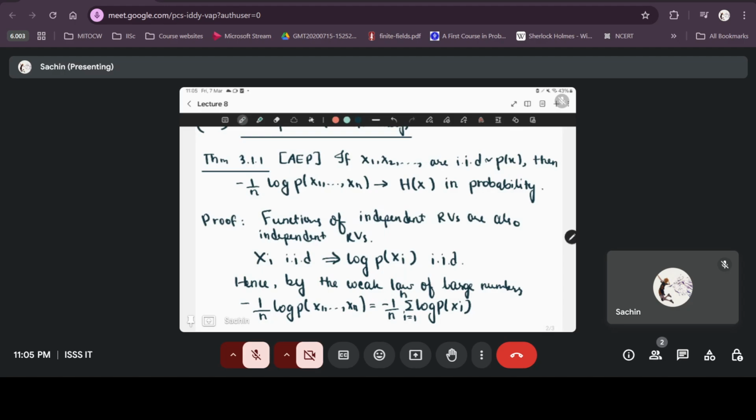So if you don't know the average value of some random variable, say, then what you could do is repeat the experiment n times, do independent trials, and note down the value of the random variable in each trial. So in each trial, you give it a different name, x1, x2, xn.